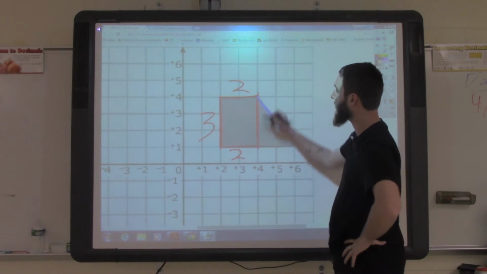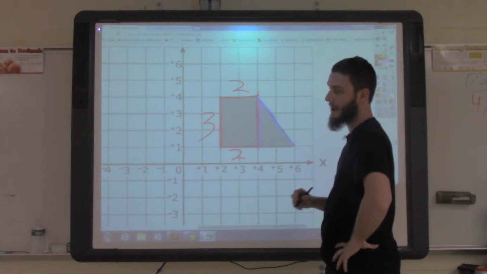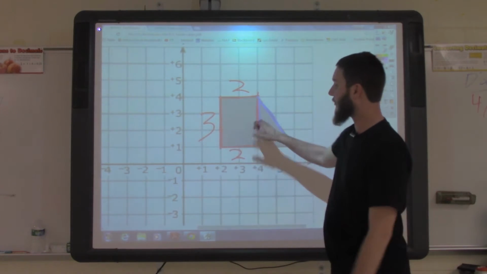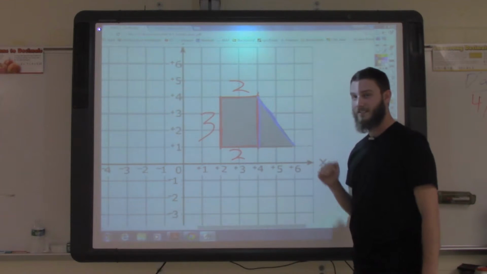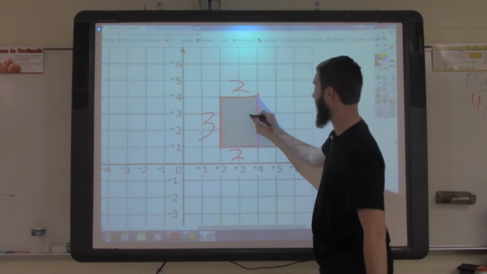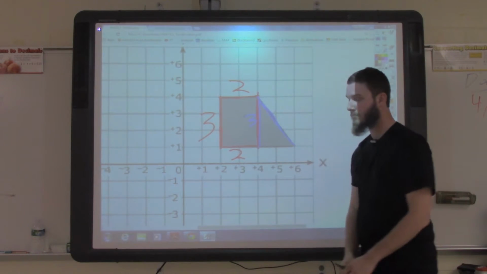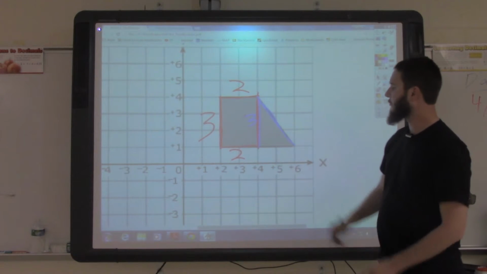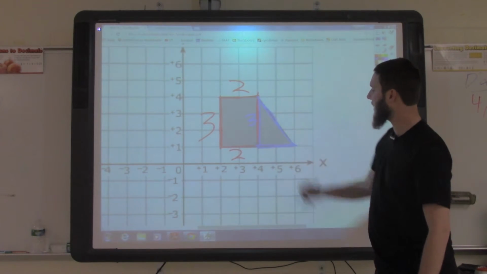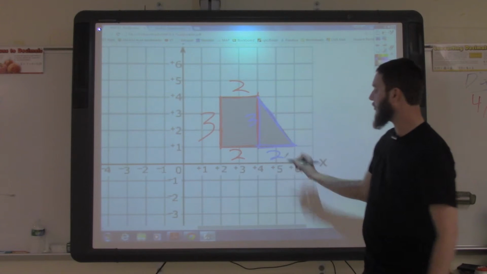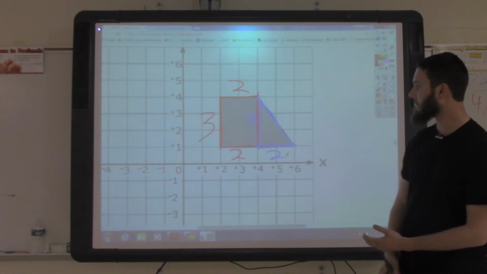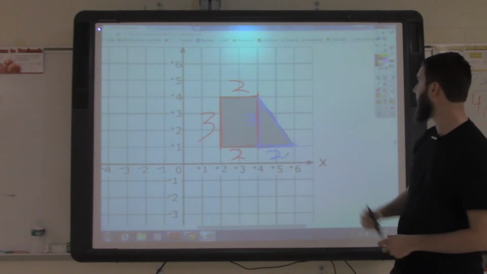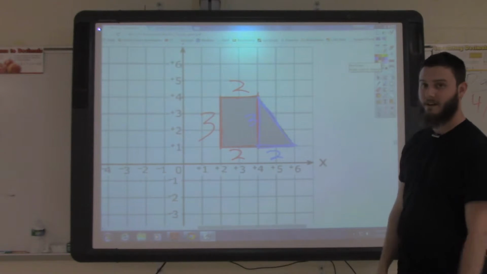What you do need is the height, which, if you were paying attention, shares the side of this rectangle, meaning the height of this triangle is 3. And if you still remember how to count, you should be able to figure out that the base of this triangle is 2 units. Now it's just a matter of finding the square footage of both areas.